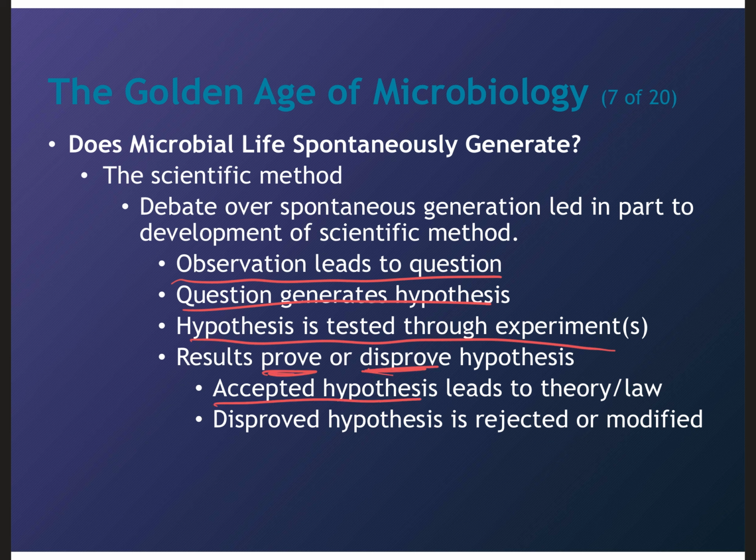And so accepted hypotheses generally lead to a theory or law, right? And when we talk about theories, they are backed up in science with tons of data, right? With lots and lots and lots of experiments that said, hey, yeah, this works for me too, okay?